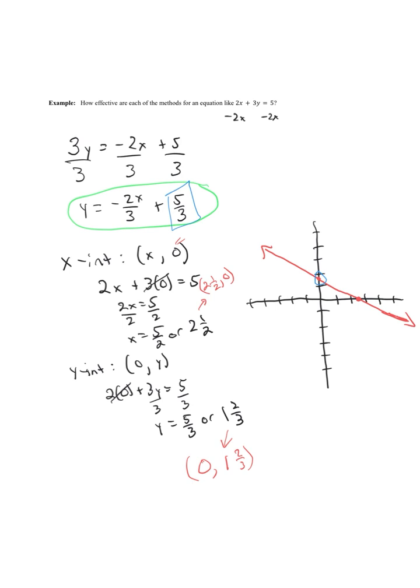But if I go down 1, 2, and then over 1, 2, 3, I'm right over here on the graph. So I find that that is another point on the graph as well. Okay, so those are a couple different methods for graphing the lines. Just to recap, for this one we used the x and y intercept method.